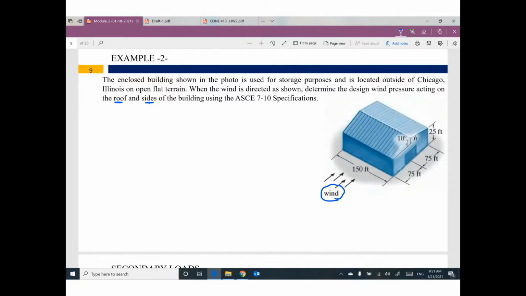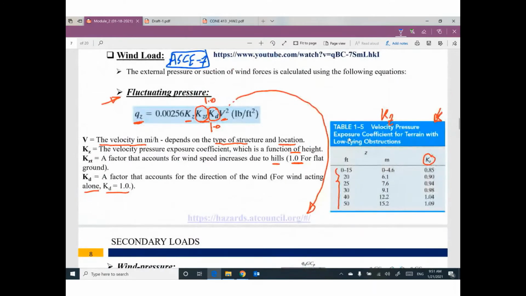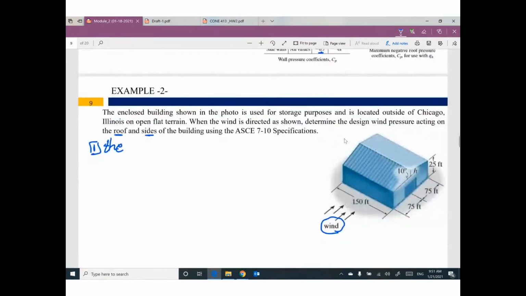First step, I'm gonna calculate the fluctuating pressure. This one. What is the value of qz?